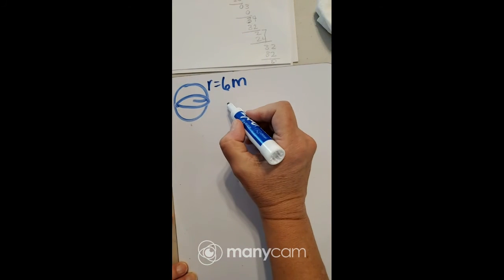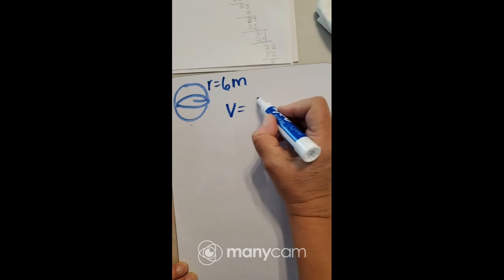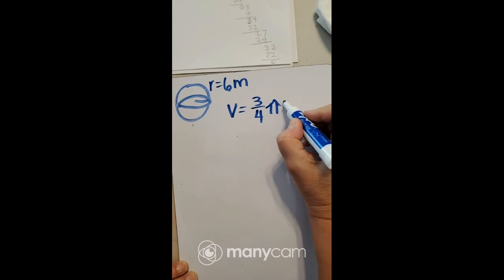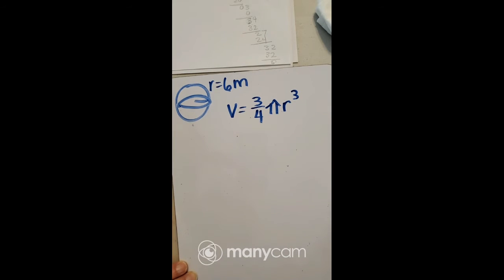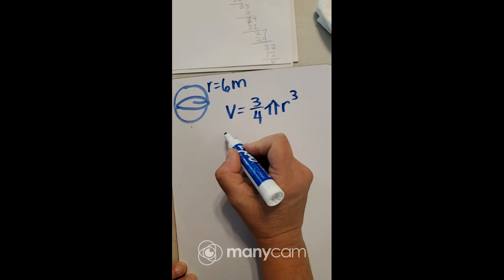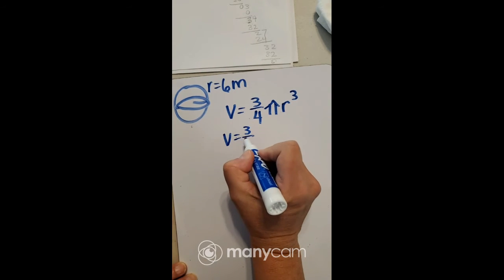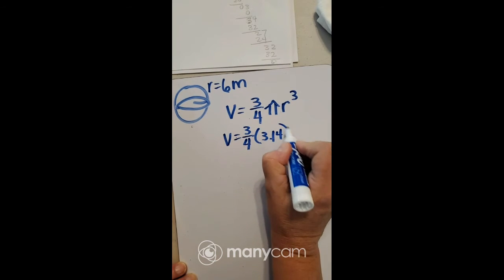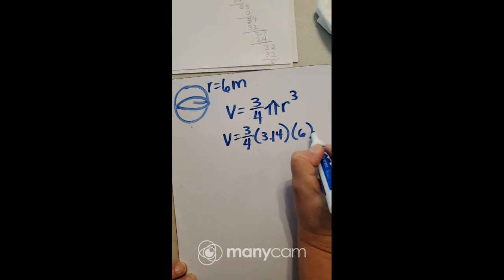My formula is volume equals 3/4 pi r cubed. Volume equals 3/4 times 3.14 times 6 cubed.